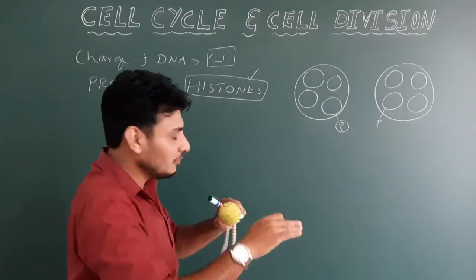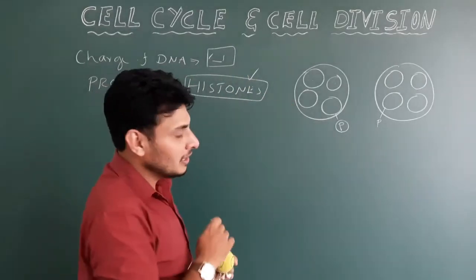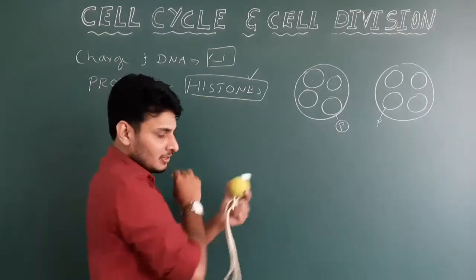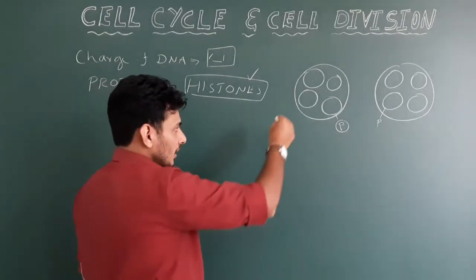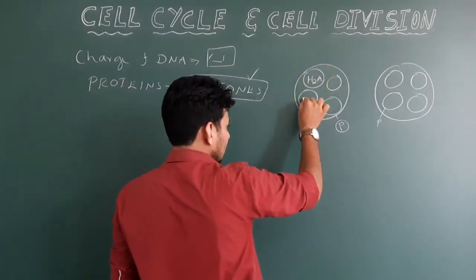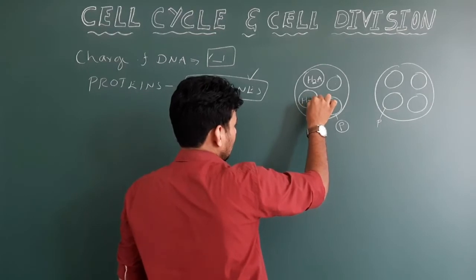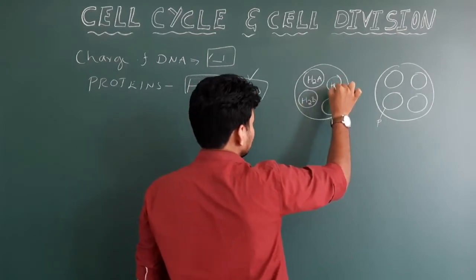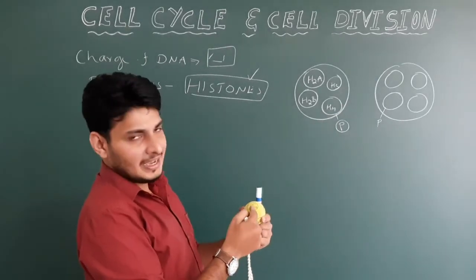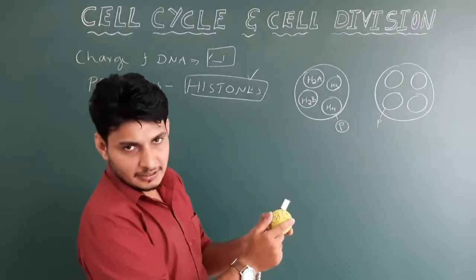That means in histone there are how many proteins? 8 tiny proteins, which make up a big histone. This is histone protein. The name is H2A. Here, let me write H2B, H3, H4. One side of the ball contains H2A, H2B, H3, H4. One side.